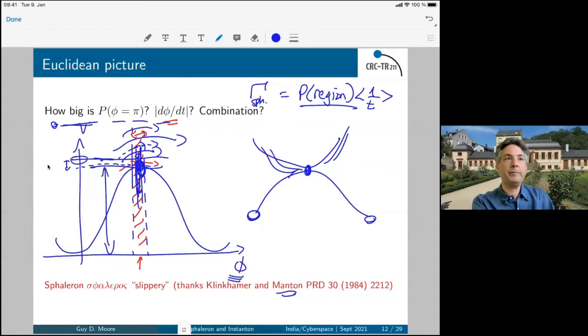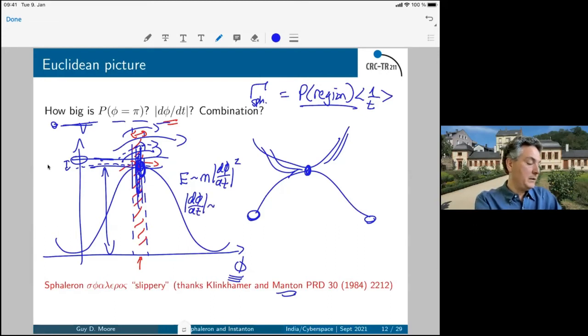Okay, so in this combination, the d phi dt is going to be affected by that temperature. Right, so I have an energy which goes as m d phi dt squared. So you can see that the typical value of d phi dt is going to be, there's some units missing here, there's probably an L squared here.